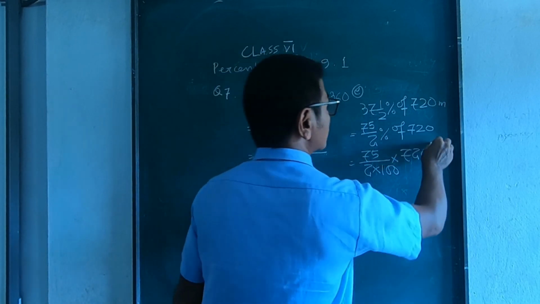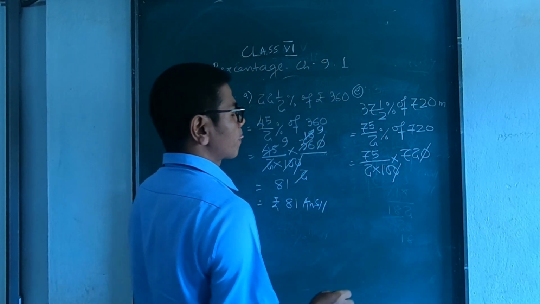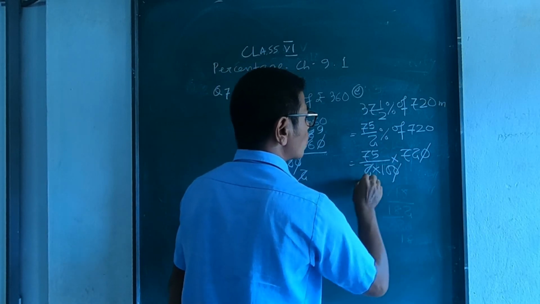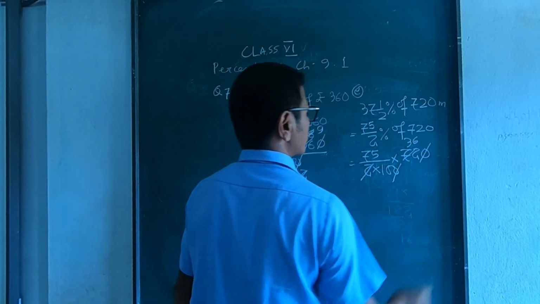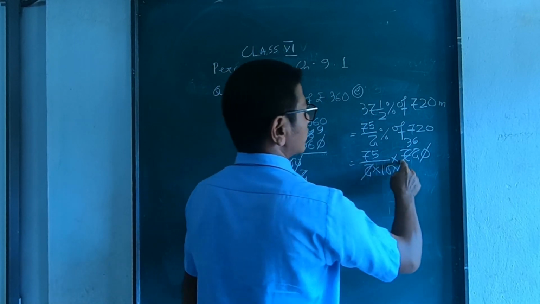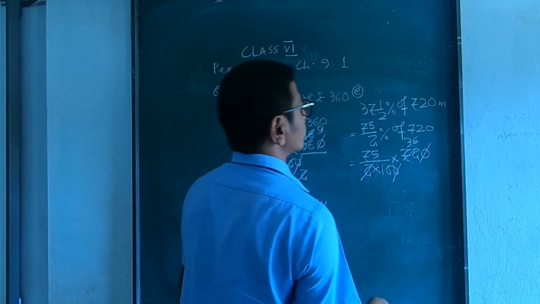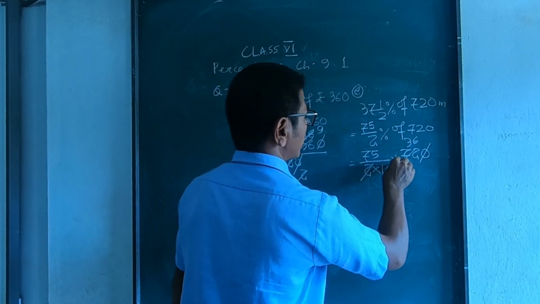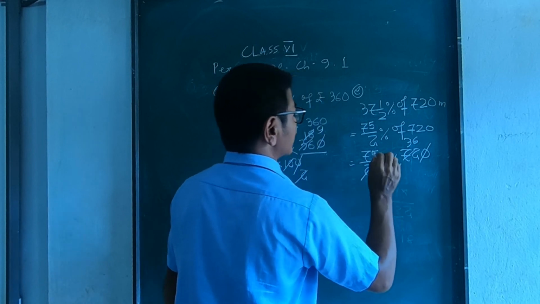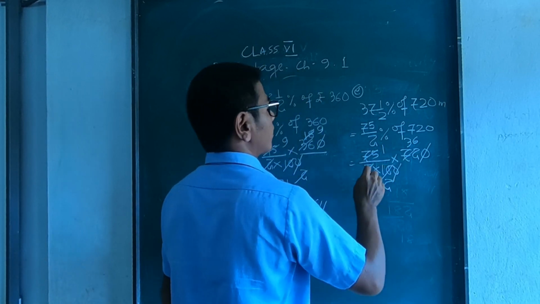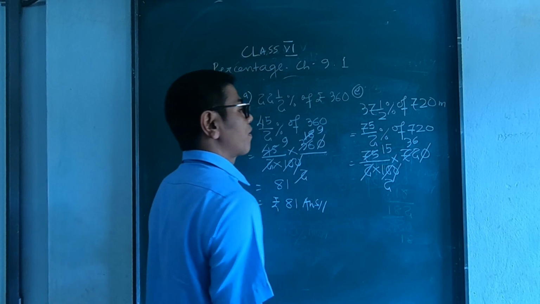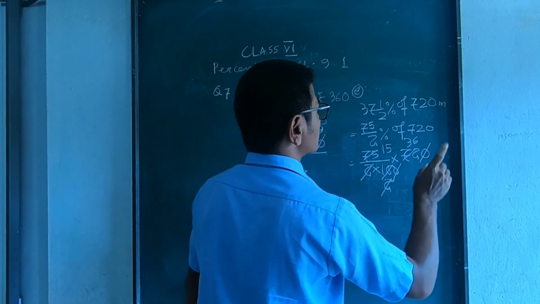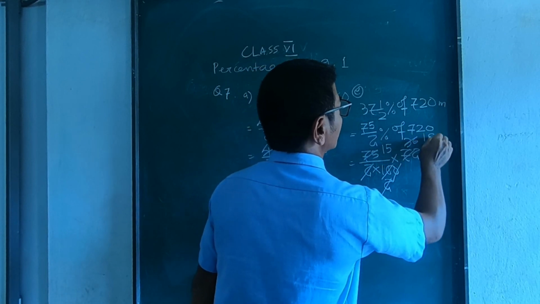Let us again remove the zeros, 0 and 0. Then let us cut 2 with 36, 2 eighteens are 36. Also cut with 5, 5 fives are 25, 5 threes are 15.